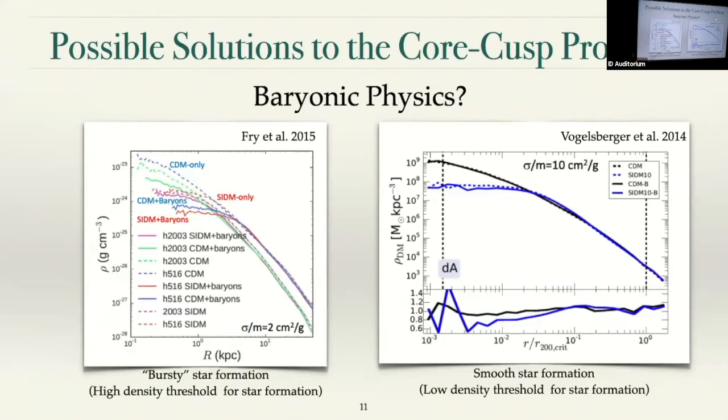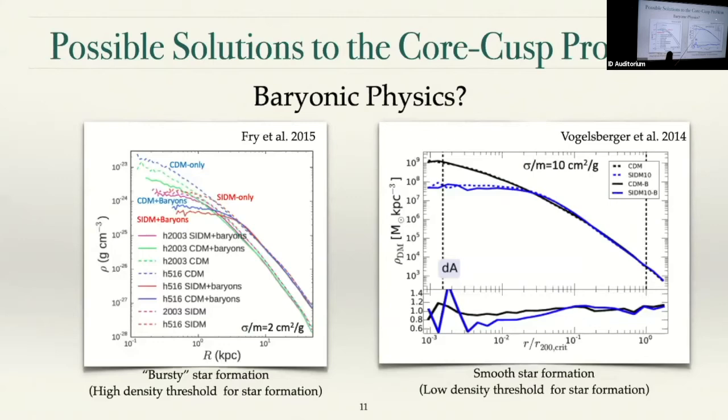Okay, so then on the right-hand side, this is from Vogelsberger 2014. And instead of implementing a bursty star formation, they have a smooth star formation, and so a low density threshold for star formation. And the runs with or without baryons seem to be identical.